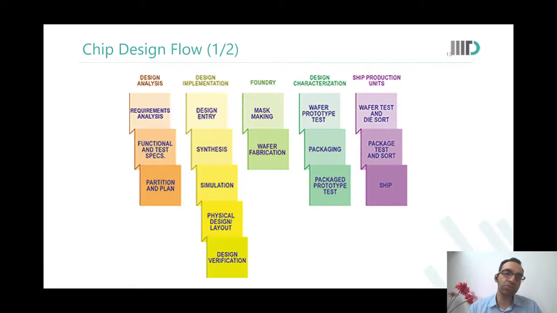ST has them in Italy and France. TI has them in the US. Micron has them in the US. So this kind of design analysis or product definition work is primarily in the headquarters, or somewhere very close to the customer. Wherever they are getting their maximum sales from, they would have some such jobs in that place also.